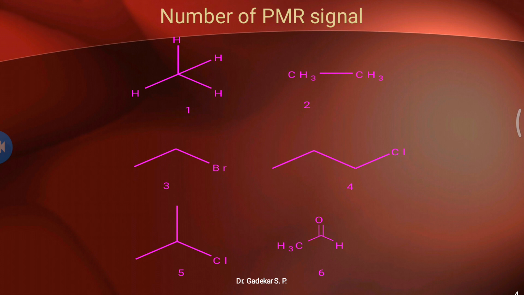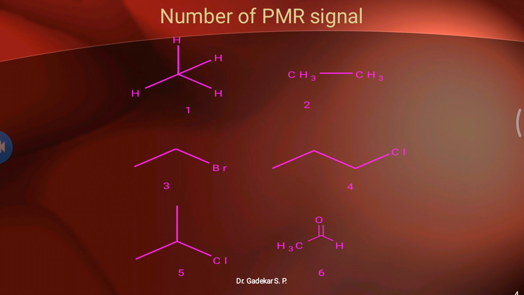But the CH attached to the chlorine is in a different environment because it is attached to a highly electronegative chlorine atom. So there are 2 types of protons: CH3 and CH3, 6 protons that are chemically equivalent, and the CHCl, which gives another signal. So the fifth example gives 2 PMR signals.